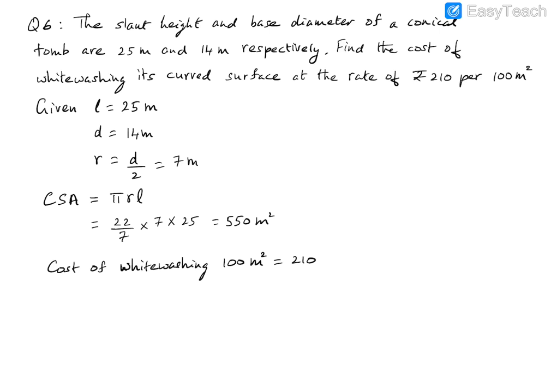I'm not writing the rupees here, it's understood. So that's for 100 meters square. If you know the cost of whitewashing for 100 meters square, what is the cost of whitewashing 1 meter square? That will be 210 divided by 100, which is 2.1 rupees per meter square.